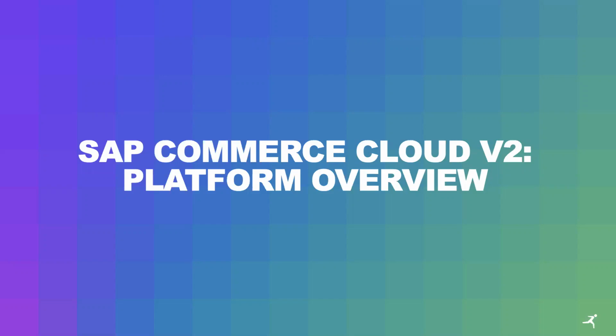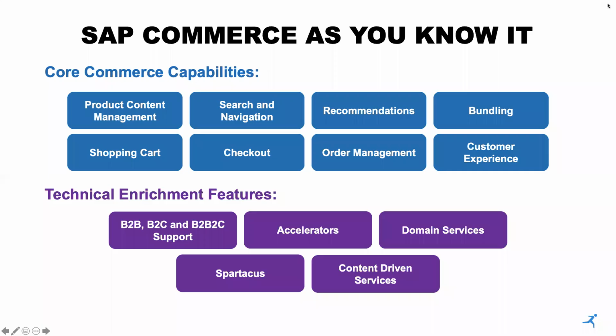So I'll start with the SAP Commerce Cloud platform overview. We had the idea of starting with a brief introduction to SAP Commerce Cloud because some of you might be quite familiar with the platform, new or old versions. But I thought a good starting point would be to give you an overall understanding of what SAP Commerce Cloud really offers.